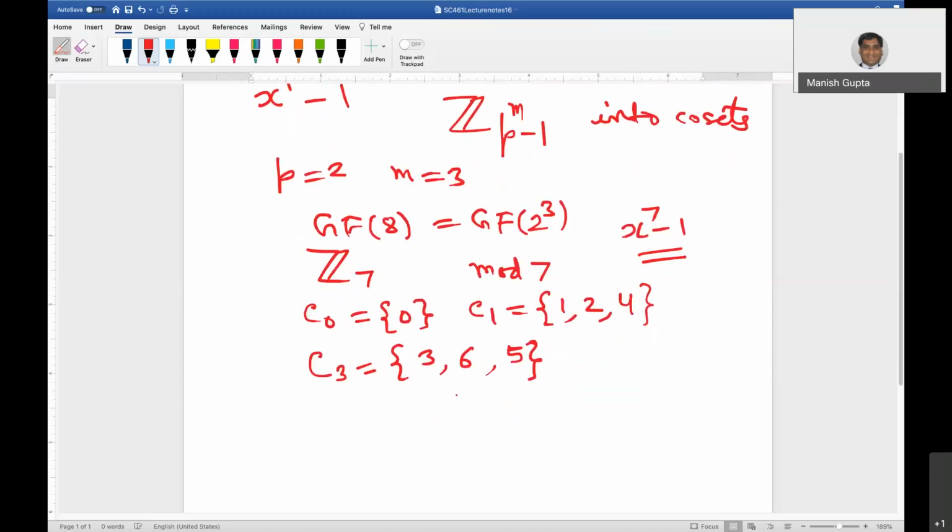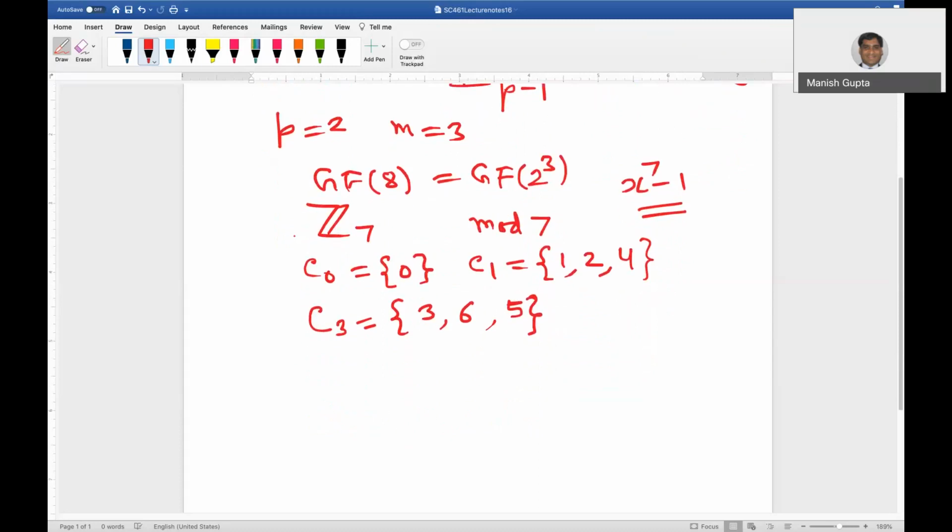Now I will make conjugacy classes, where the first one is the trivial one, which of course we are not considering, that is 0. Let me write it here: conjugacy classes, and I will write down the minimal polynomial.